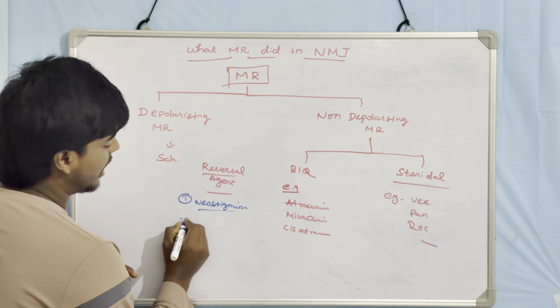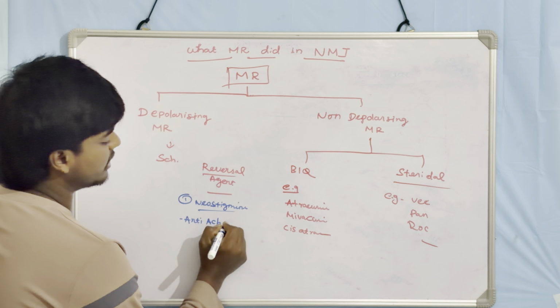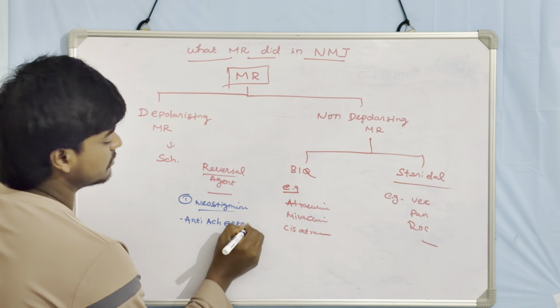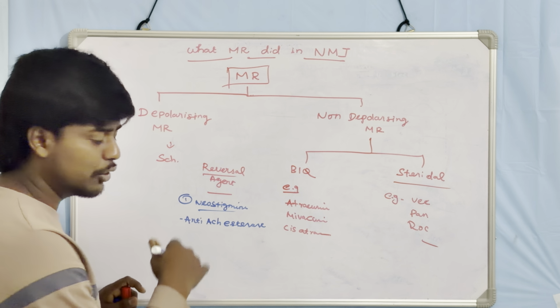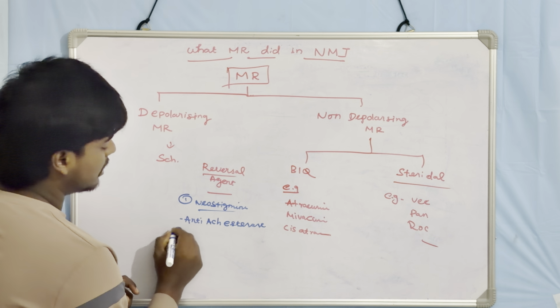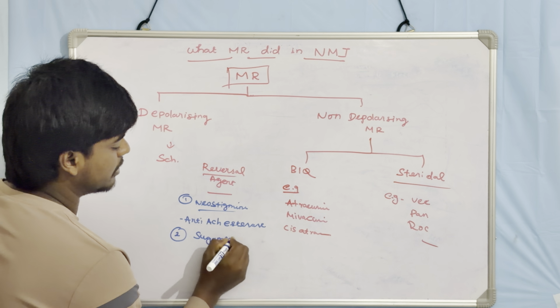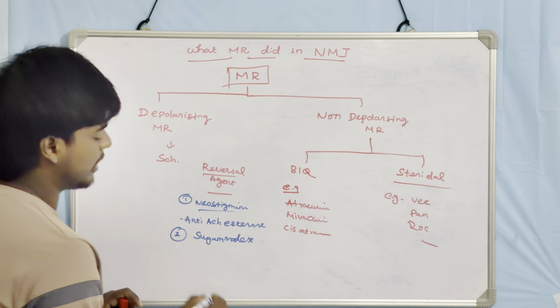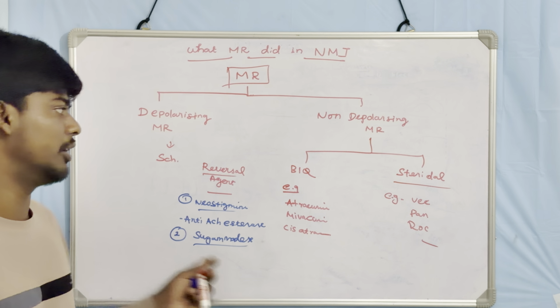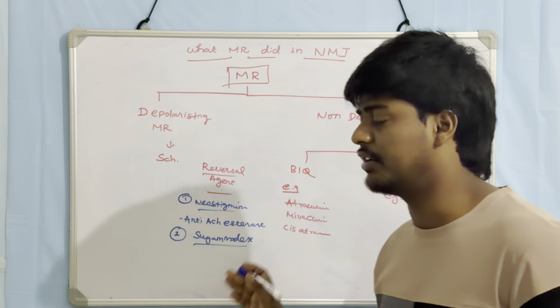It is an anticholinesterase. Later we will learn the physiology behind its mechanism of action. The second one is sugammadex, which is a gamma cyclodextrin compound. So this is the classification of muscle relaxants and reversal agents.